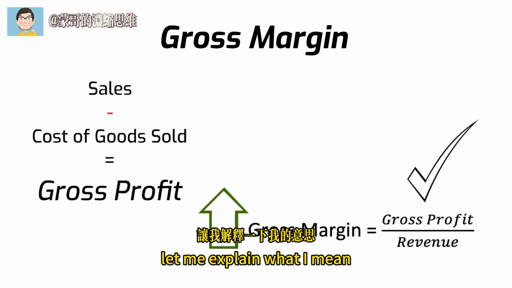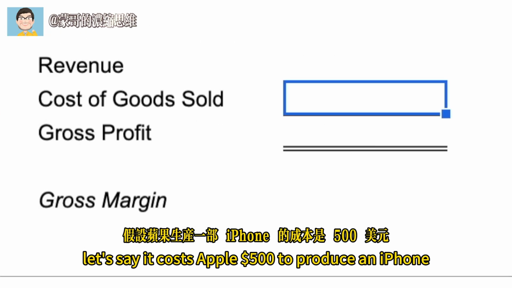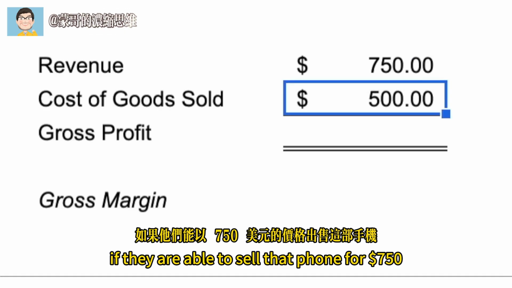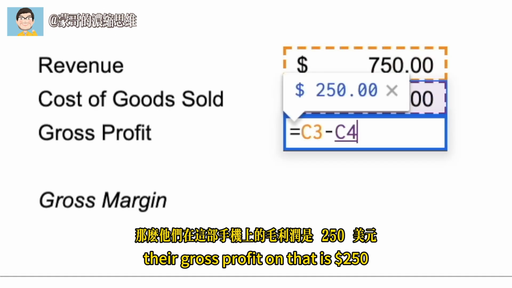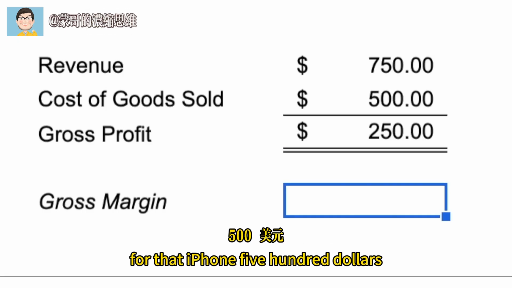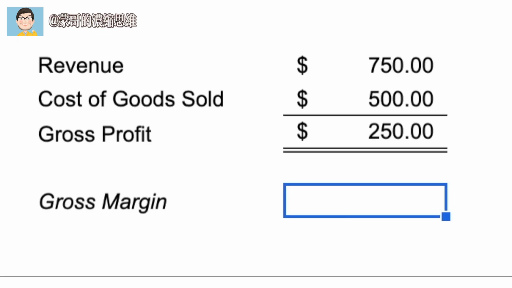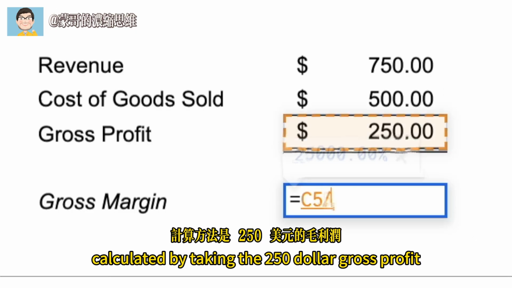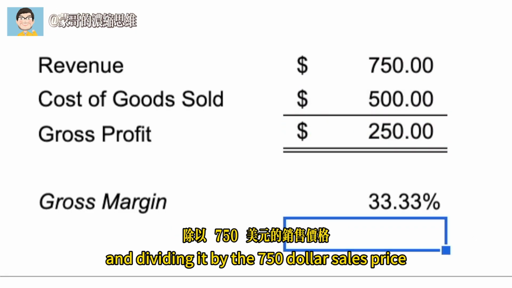Let me explain what I mean. Let's say it costs Apple $500 to produce an iPhone. If they are able to sell that phone for $750, their gross profit on that is $250, calculated by taking the $750 sale price and subtracting out the cost of goods for that iPhone, $500. This is a gross margin of 33%, calculated by taking the $250 gross profit and dividing it by the $750 sales price.